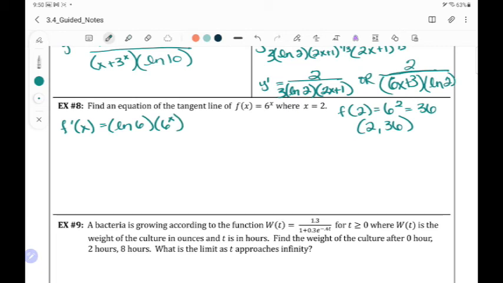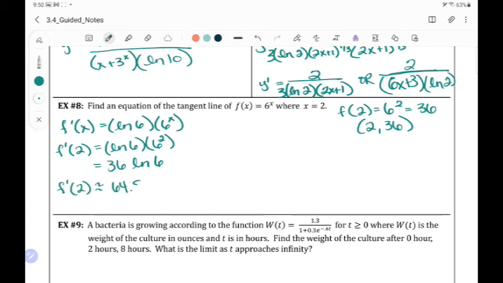And the derivative of x is 1, so I'm not going to bother writing it down, but you could. Then I can plug in the 2. What is f prime of 2? Well, what do I know? The natural log of 6 times 6 squared equals 36 natural log of 6. You can put that in your calculator and get an estimate to be 64.50334089.